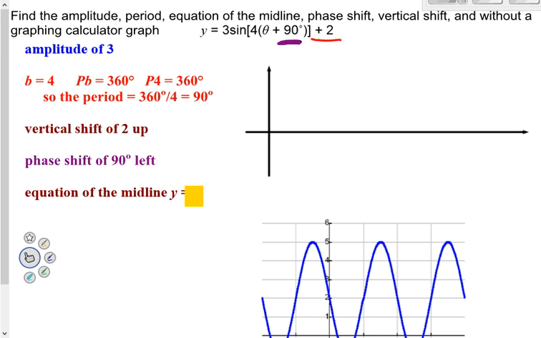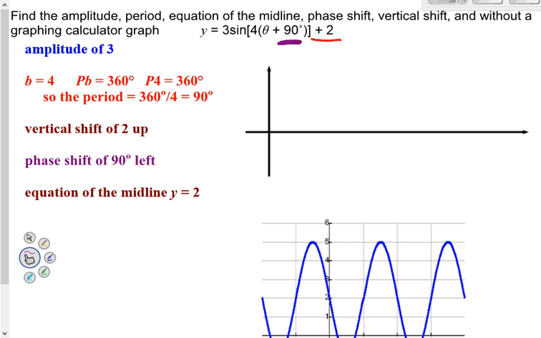And so we're going to be moving it to the left 90 degrees. By the way, the vertical shift is up 2, which was what we had over here afterwards with the plus 2. That also tells you your equation of your midline. So you go y equals whatever that vertical shift is.